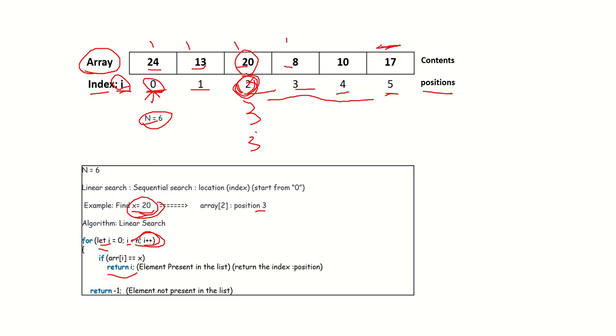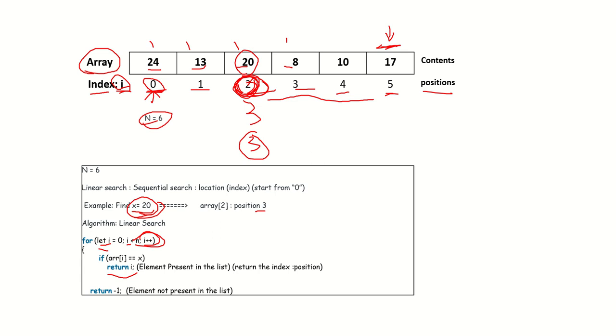Sorry, the position is equal 3, but i equals 2. If I didn't find it, if I reach the end of the array and didn't find it, the return will be -1. So the element is not present in the list, meaning the element is not found.